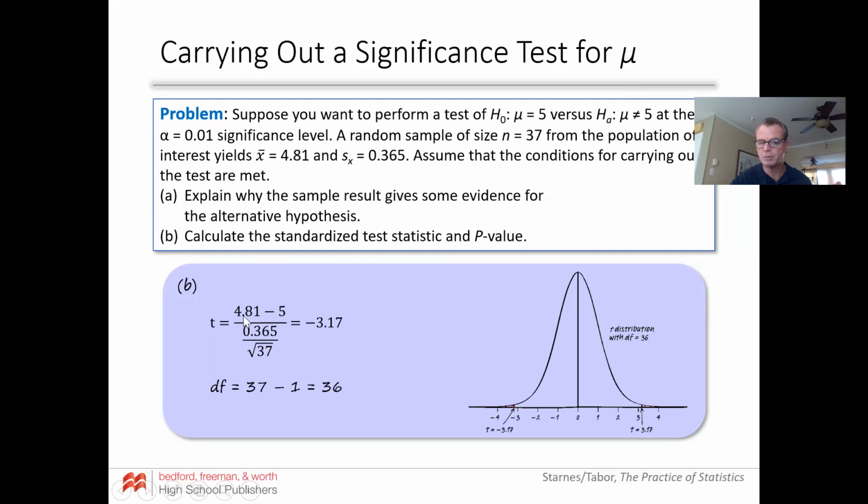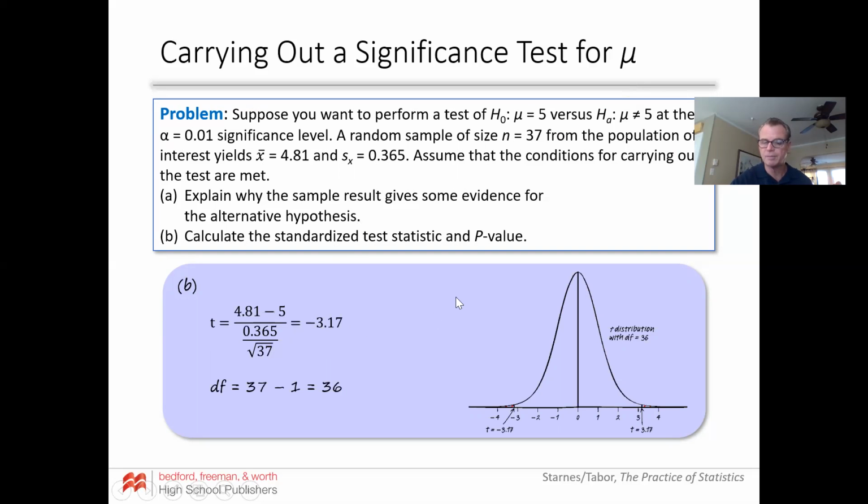You understand where they're getting these numbers. 4.81, which is the sample statistic, take away the null, 5, over what? Over this sample standard deviation divided by the square root of the sample size. That's your t-score. Whoa, negative 3.17 is really extreme.